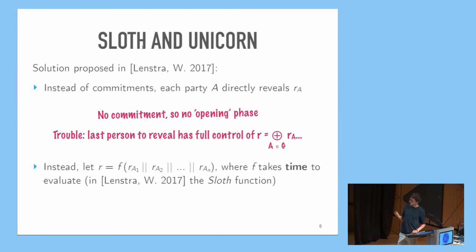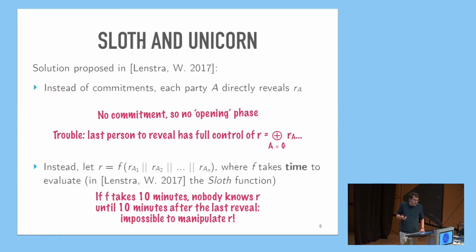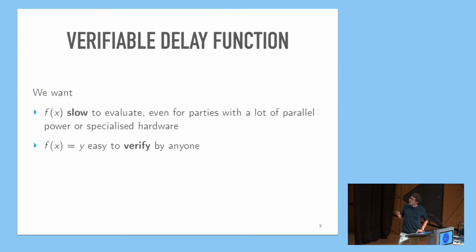So this function f was called a SLOTH in this work, for slow-timed hash function. Essentially, the properties you want are that it takes time to evaluate, for instance 10 minutes, but you also want it to be easy to verify, so that anyone can easily verify that the protocol went correctly and that the output that is claimed is the correct output.